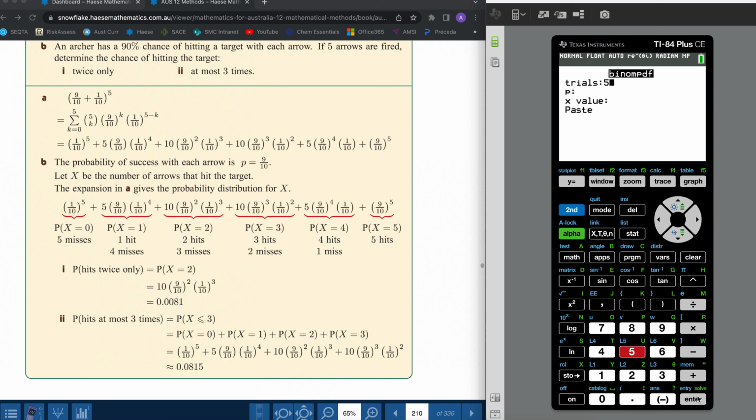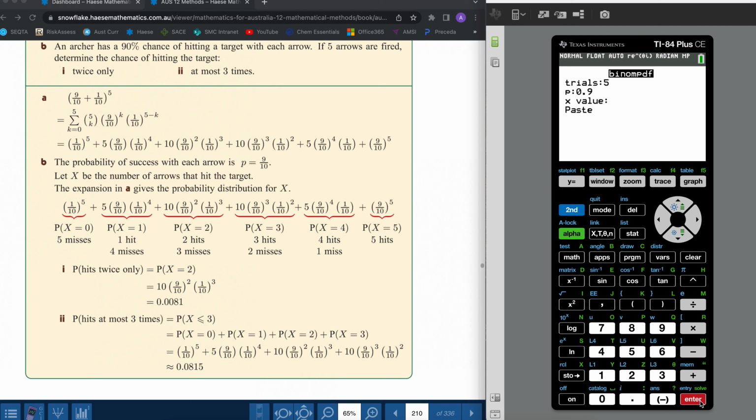In this we had 5 shots of the arrow. The P that we're putting there is the probability of the success. We're talking about hitting the target as being a success, so the probability of a success is 90%, so 0.9. The X value is how many times you want that success to occur.